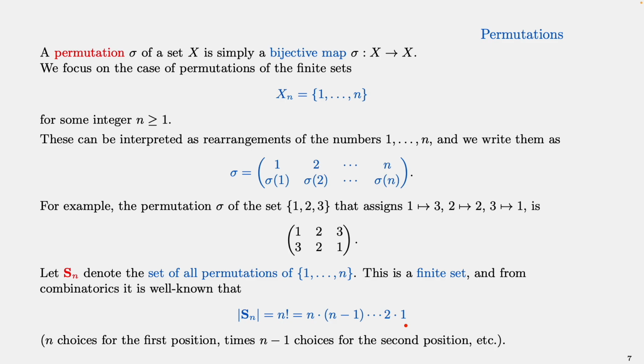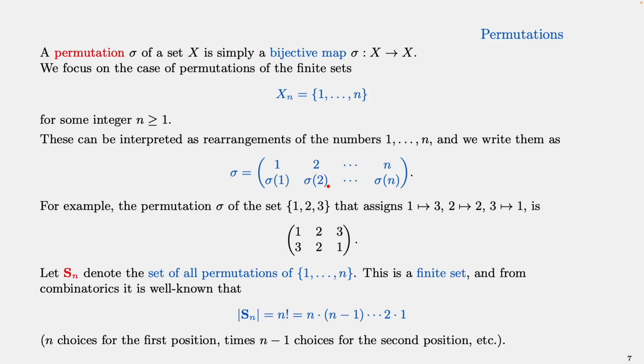And you can actually quickly derive this formula by thinking about how you can enumerate all the permutations of n elements. If we stick to this notation here, you would have n choices to pick the first entry. After you fix the first entry, you would be left with n minus 1 candidates to pick the second entry.